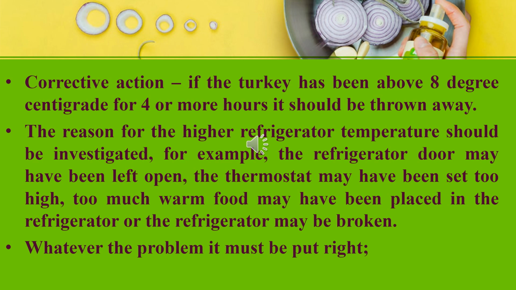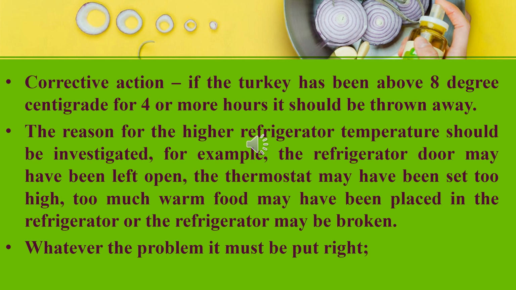Corrective action, if the turkey has been above 8 degrees centigrade for 4 or more hours, it should be thrown away. The reason for the higher refrigerator temperature should be investigated. For example, the refrigerator door may have been left open. The thermostat may have been set too high.